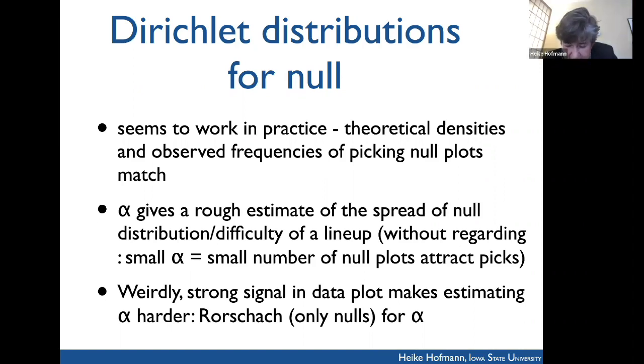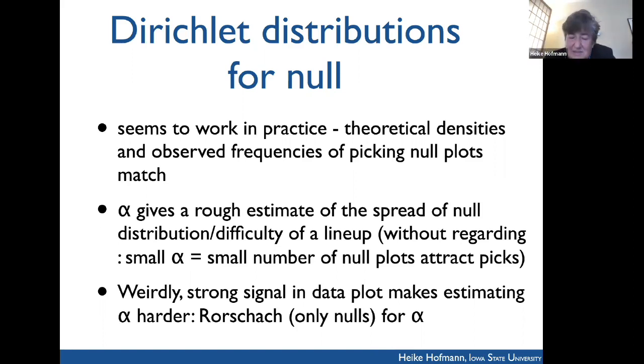What's a bit weird is a case where something happens like I showed you initially, like 20 people out of 23 picked the data plot. That leaves us only 3 evaluations to estimate alpha. So if we've got a very, very strong signal for the data, there's almost no data left to estimate alpha.